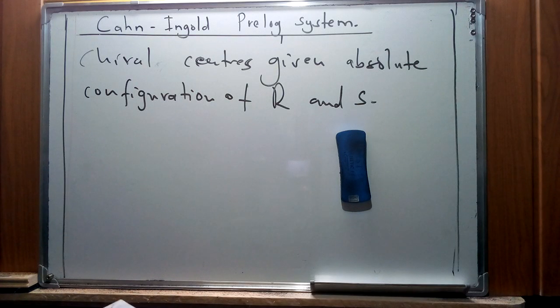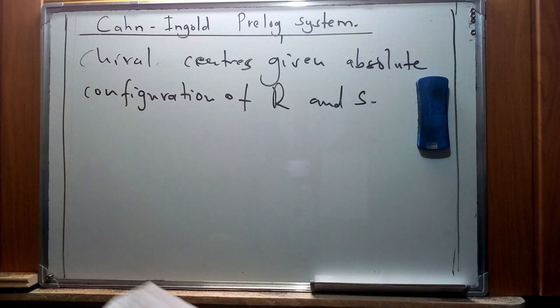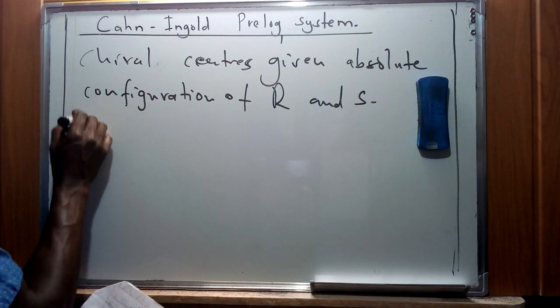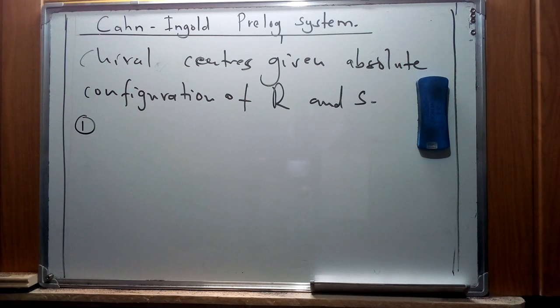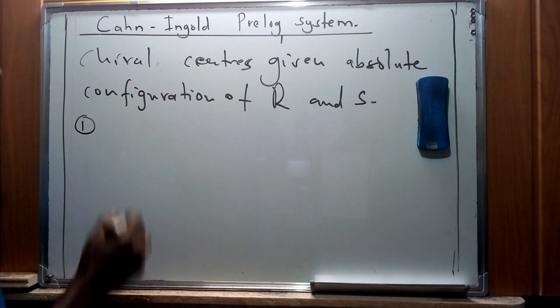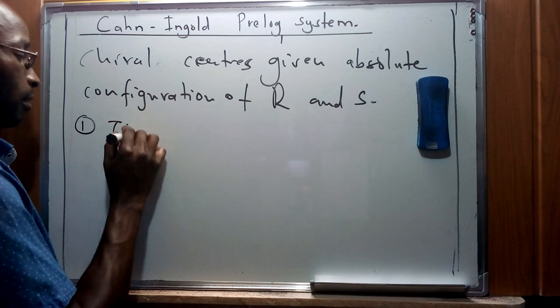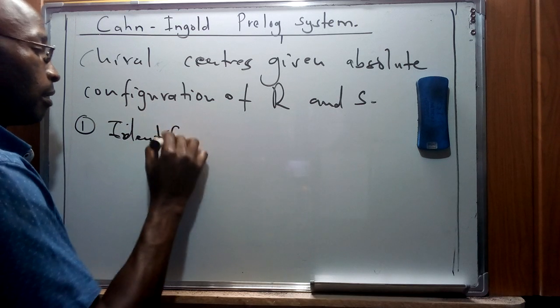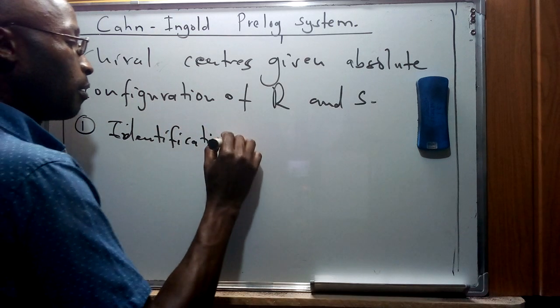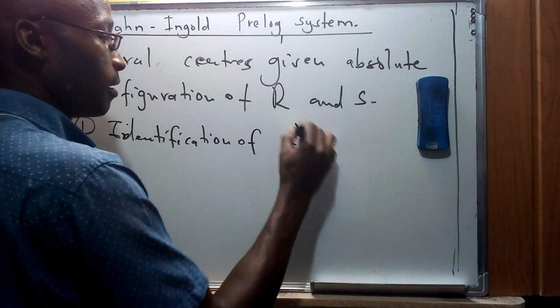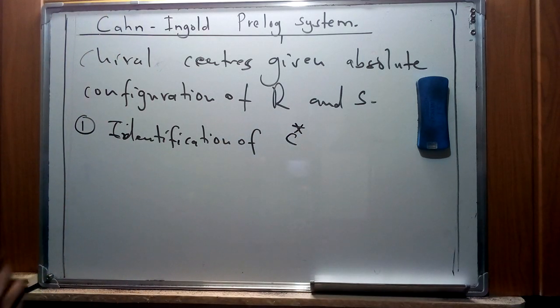So to name these specific centers, there are some specific rules that we're going to mention, which are used to identify these specific stereogenic centers. So the first rule is that whenever we're trying to name this compound, we have to identify a carbon with the 4 different groups attached to it. So therefore, it's identification of a stereogenic center, the carbon that we have used.